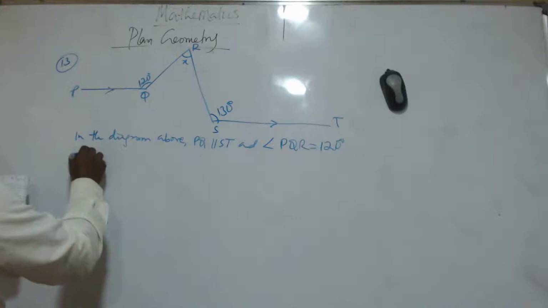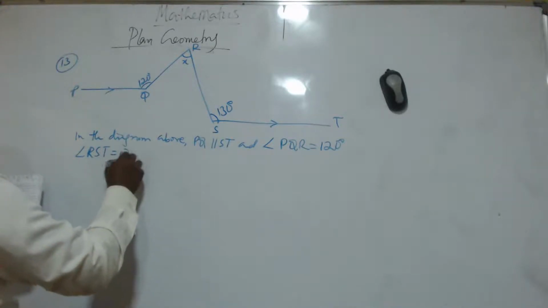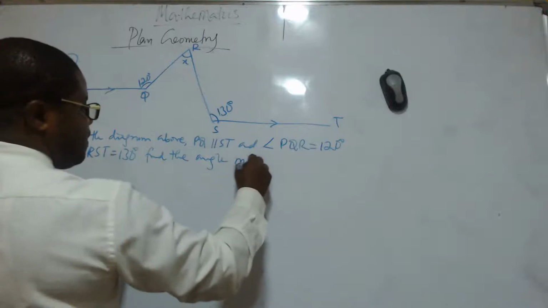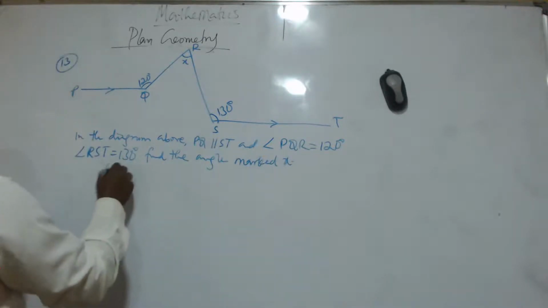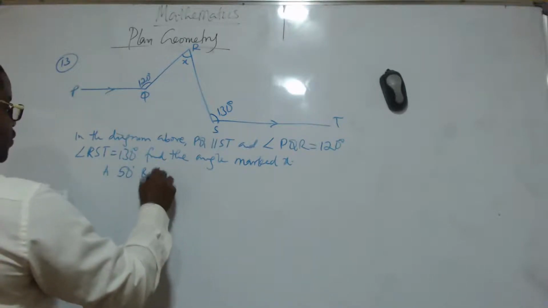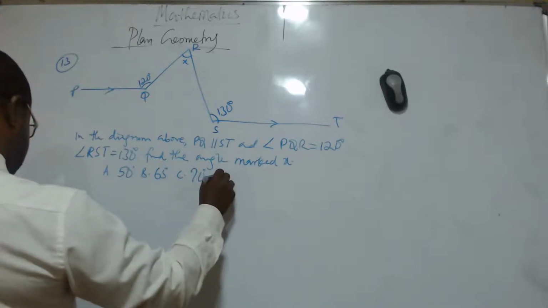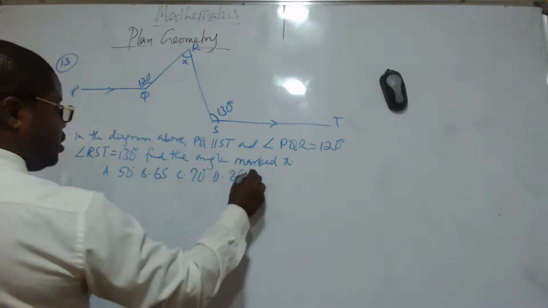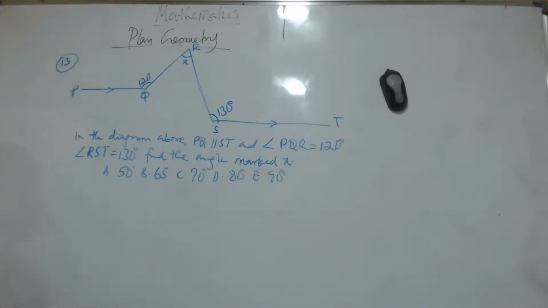Angle SRT is equal to 130 marked X. We're given options: A 50, B 65 degree, C 70 degree, D 80 degree, E 90 degree. Now look at this.